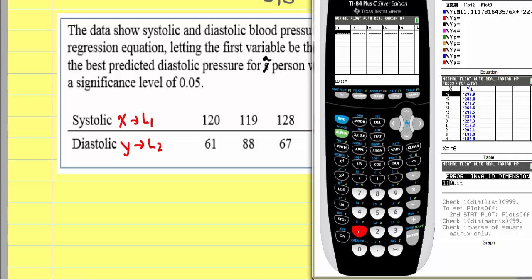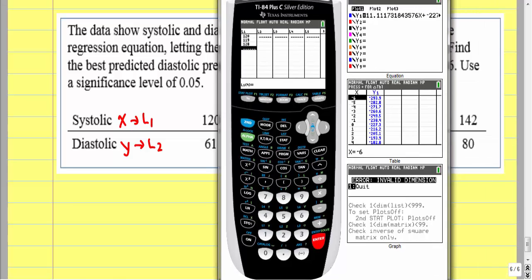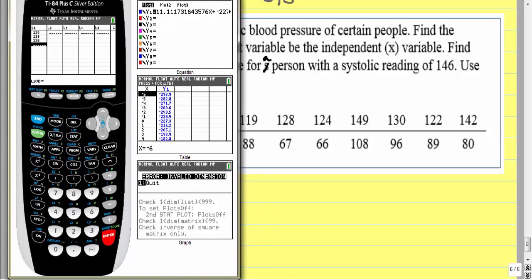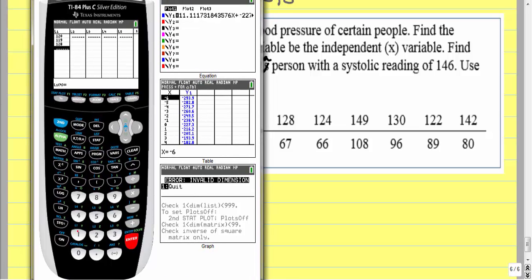So in L1, I want 120, 119. I'm entering all of the systolic blood pressures: 128, 124, 149, 130, 122, 142.